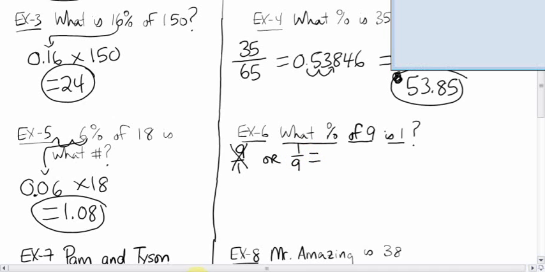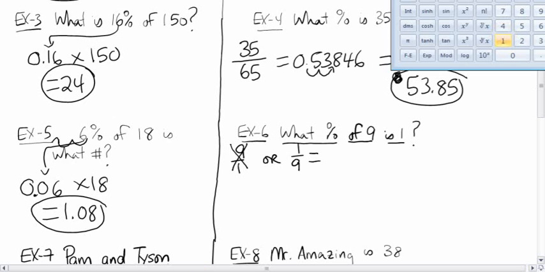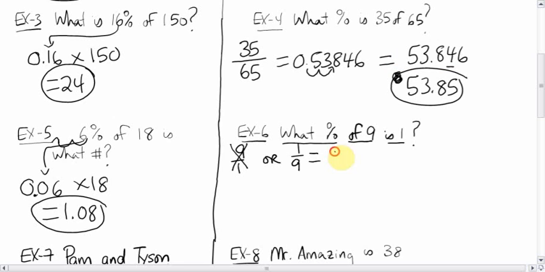And 1 divided by 9 gives you 0.1 going on forever, and it does go on forever and ever and ever. 0.111111, or you can just put 0.1 with a line over it. Remember, we have to convert this decimal to a percent, because that's what the question is asking for.